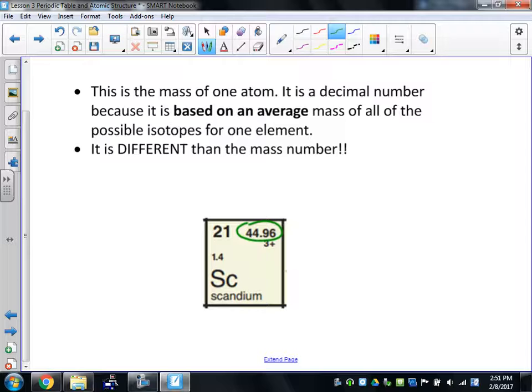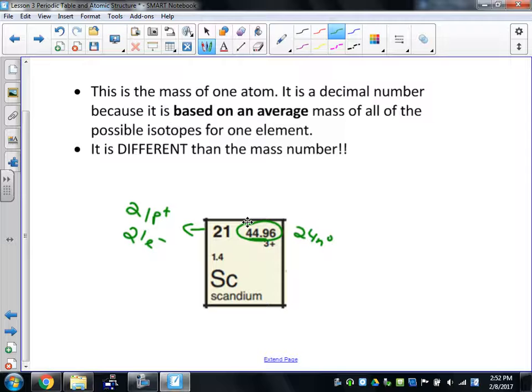To calculate that, it's a little bit, I don't want to say confusing, but you might say, well, Mr. Bachek, we talked about this. This is 21 protons, and we have 21 electrons, but then you told me that we had 24 neutrons, but look, that's 44.96.